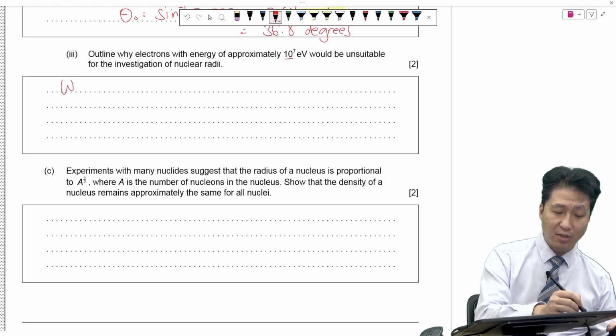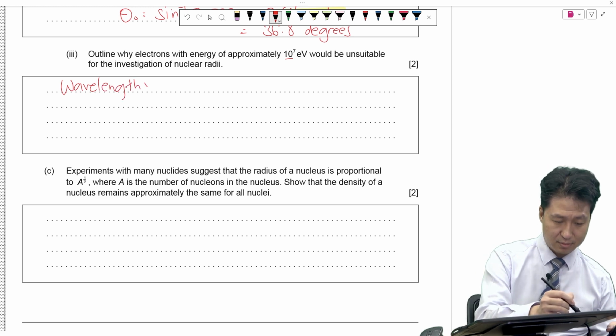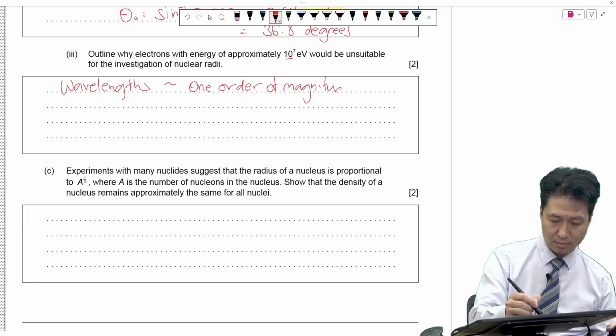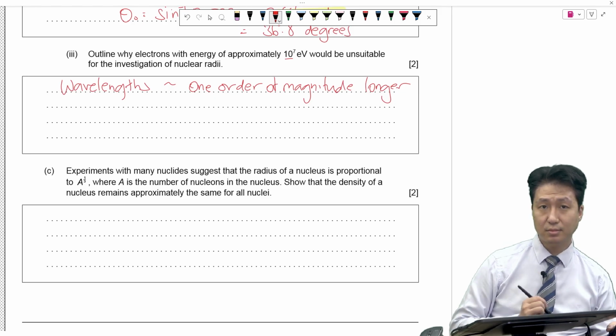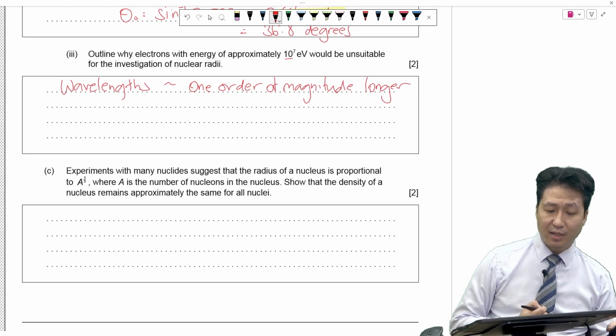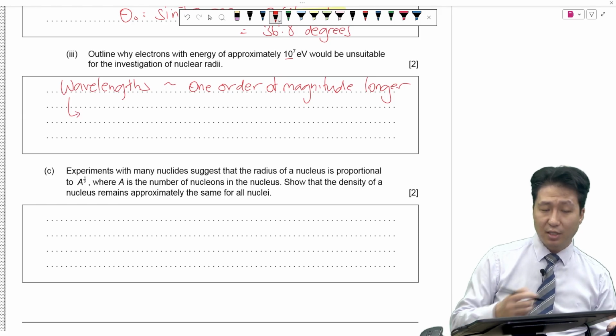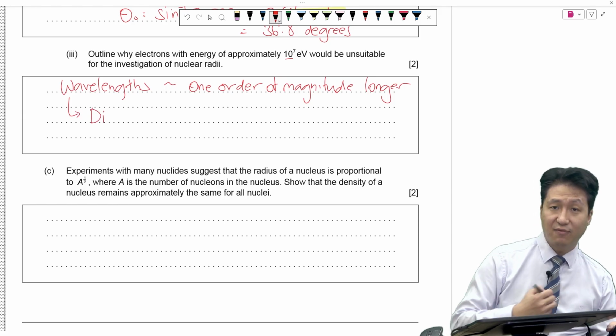So the wavelengths are approximately 10 times longer. What happens then? If the wavelengths are too long, you would not be able to observe the diffraction pattern.